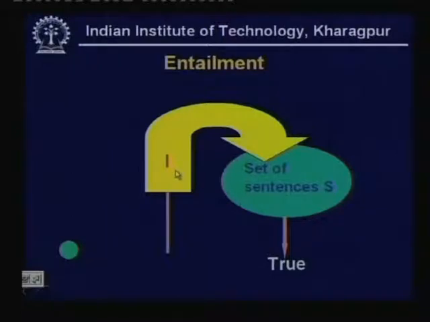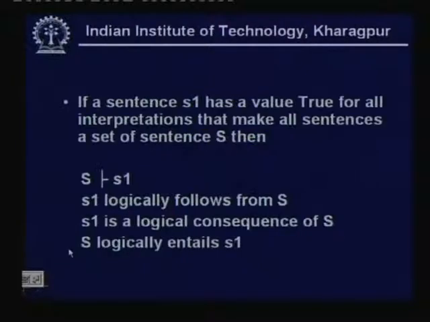Now, suppose we apply the same interpretation to this new candidate sentence, and it also makes this sentence true. Then we can say that this set of sentences logically entails this sentence. When these sentences are true, they will also make this one true. That is called logical entailment.